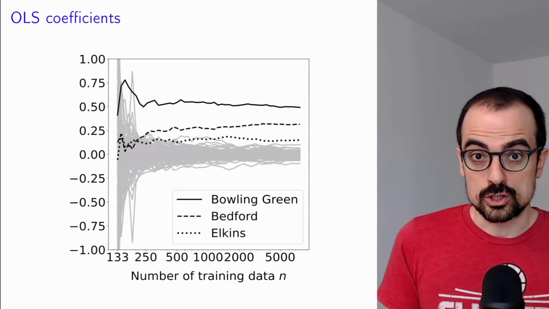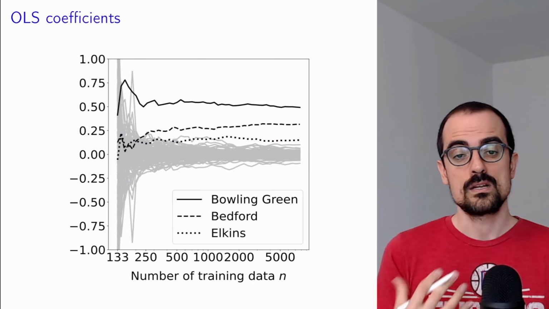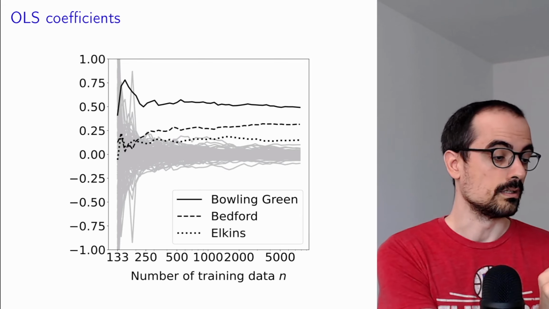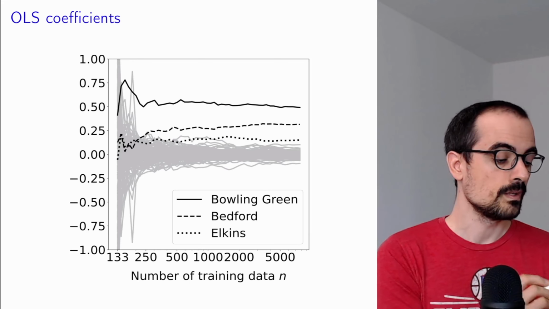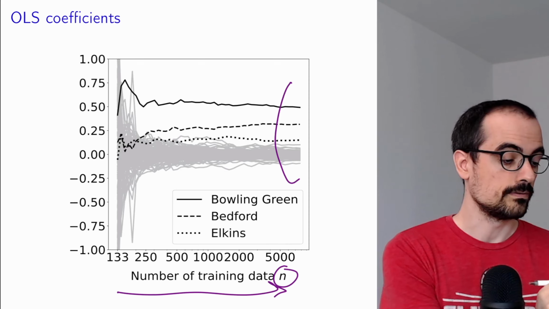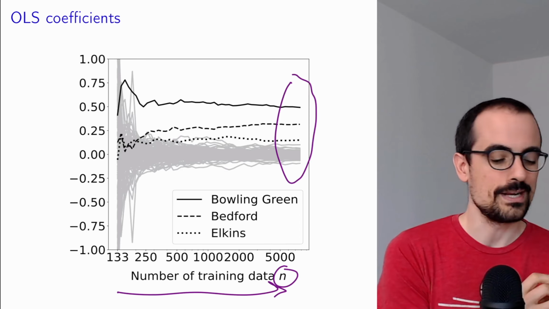This happens when we have a lot of data, but let's take a look at what the coefficients look like when we have different amounts of training data. So here, the x-axis tells you the number of training data. This is what happens when we have a lot of training data. These are all the coefficients, so there's 133 lines here.